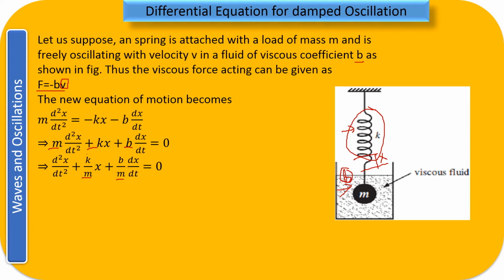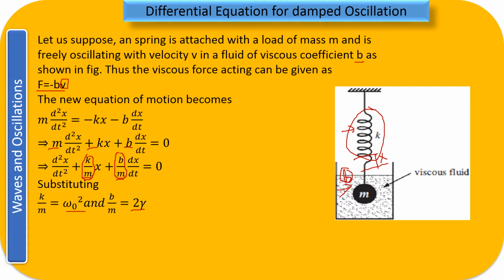Now you remember k/m was called your angular frequency, omega naught square. And for b/m, I am going to introduce another constant. Naturally b is your viscous coefficient and m is the mass attached to the spring, so these are again constants. So b/m is equal to 2 gamma, and k/m is the same as before, omega naught square, as we have seen in the case of free oscillations. b/m is equal to 2 gamma; this is another constant that I have introduced.